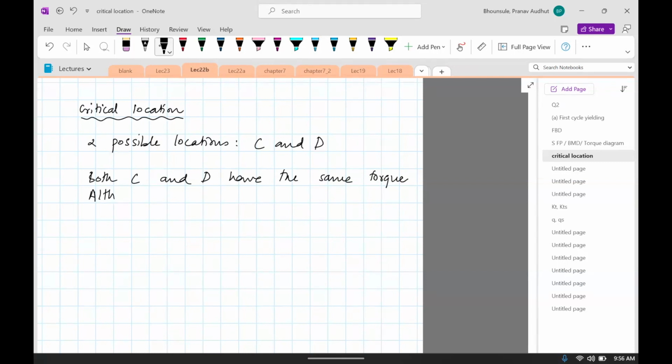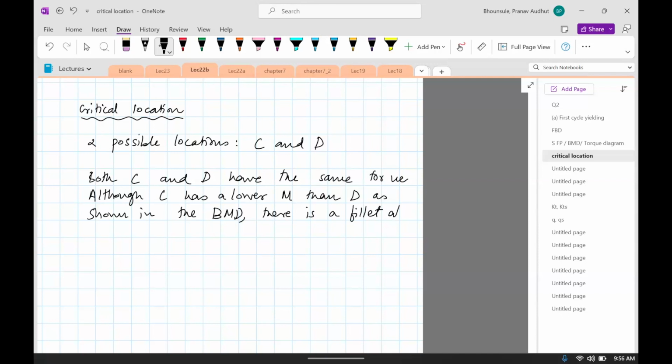So although C has a lower M than D, as shown in the bending moment diagram, there is a fillet at C which leads to a stress concentration at C.